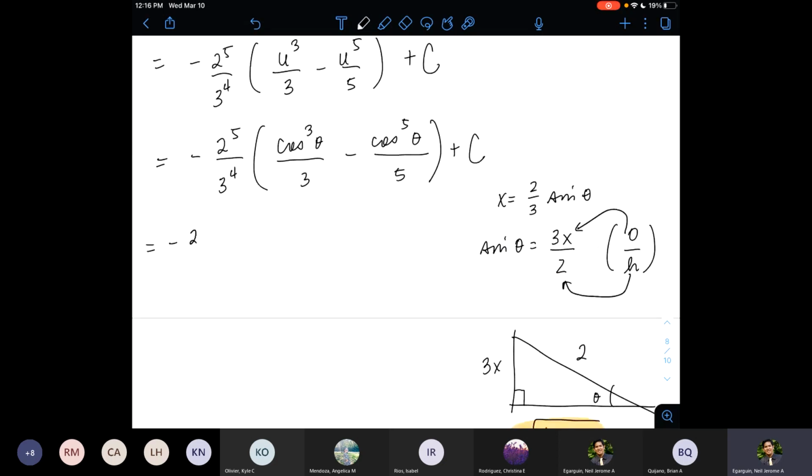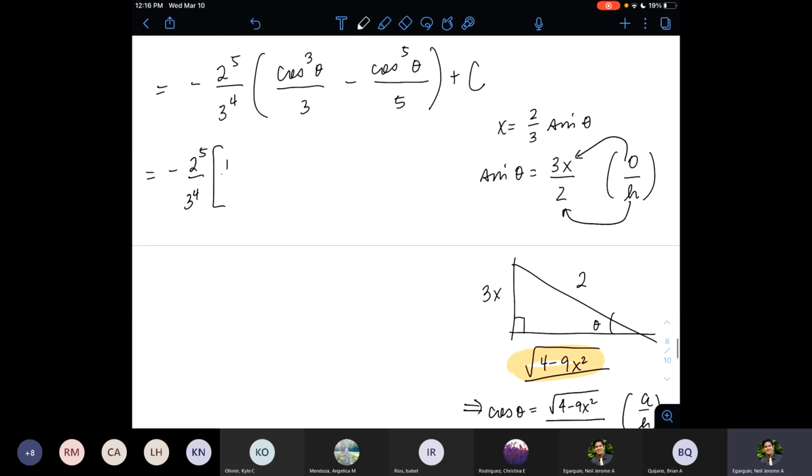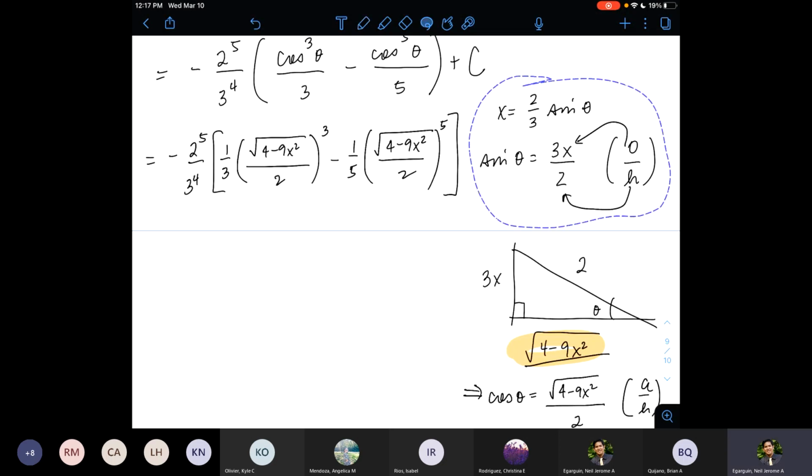So we'll have negative 2 to the 5th over 3 to the 4th times cosine theta cubed. So I'll put the 1/3 first. And then cosine theta is root of 4 minus 9x squared all over 2, to the 3rd power, minus 1/5 root of 4 minus 9x squared over 2 to the 5th, plus the arbitrary constant c.